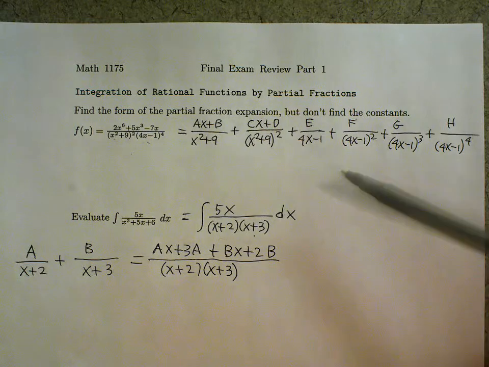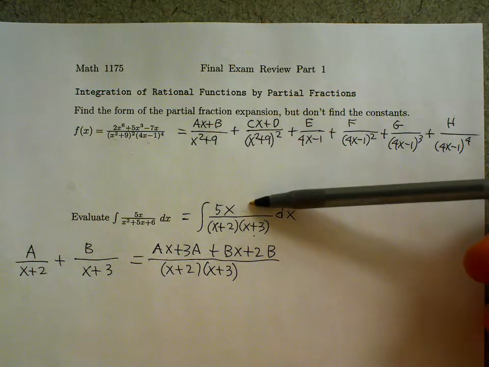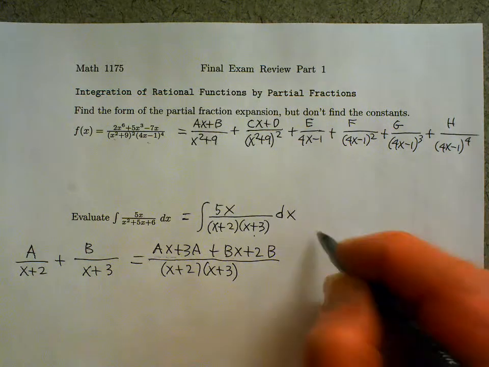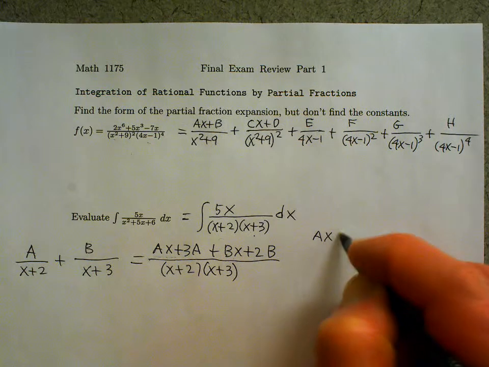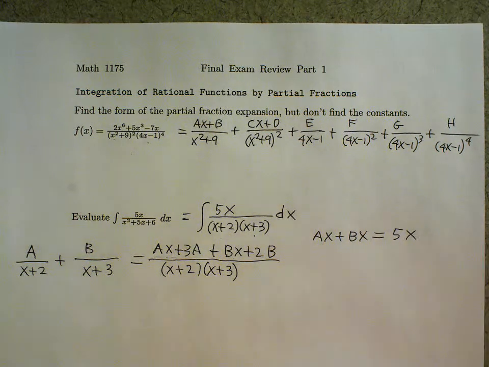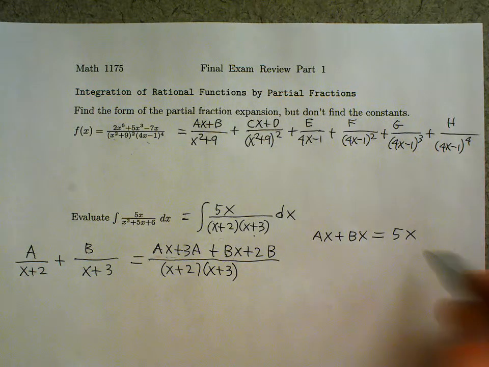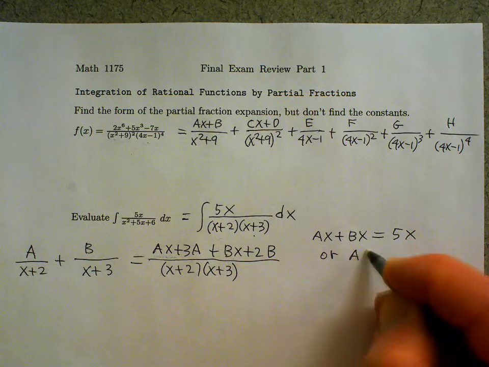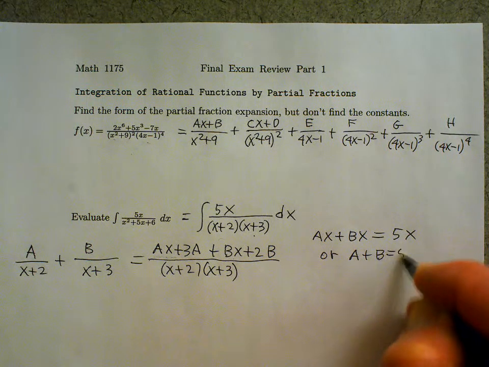The numerator of the integrand is 5x. So that means ax plus bx has to equal 5x. If we take the variable out, this just means a plus b has to equal 5.